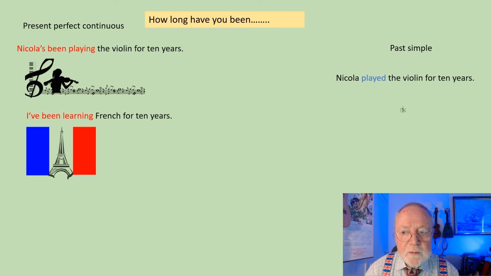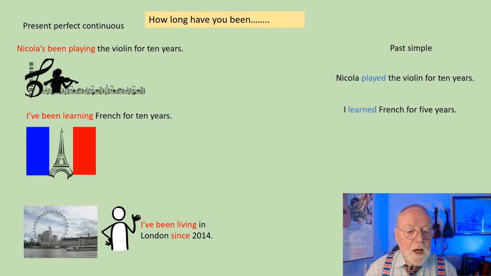But in the past simple, I learned French for 10 years means I have now finished learning. I've been living in London since 2014 and I'm still living in London. But in the past simple tense, I lived in London for 10 years means I am no longer living in London.